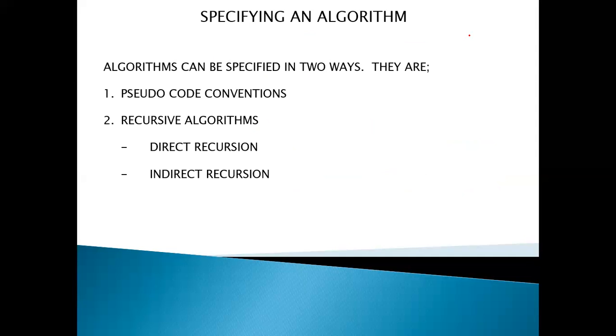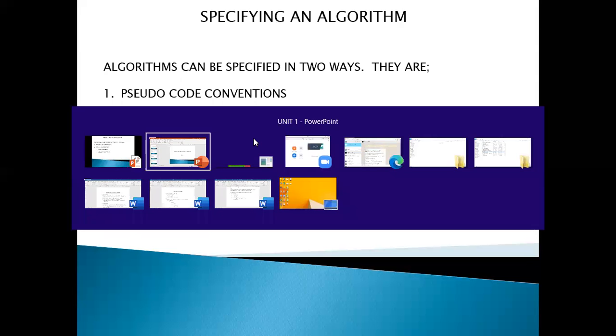Next one is how to specify an algorithm. Algorithms can be specified in two ways. First is the pseudocode conventions, and second is recursive algorithms. These are the two techniques to specify an algorithm. First we are going to discuss pseudocode conventions.